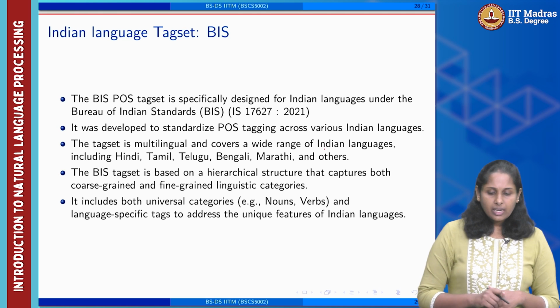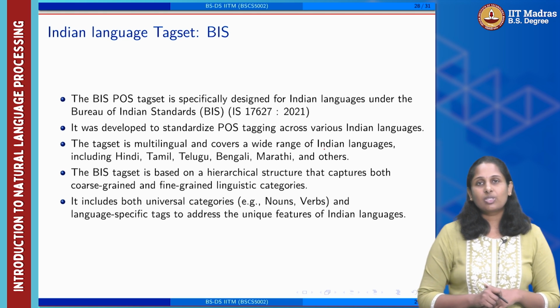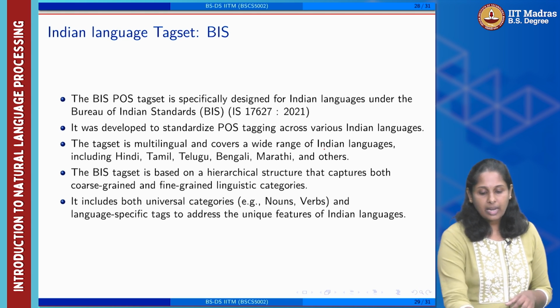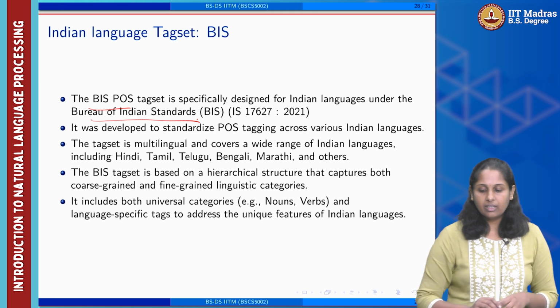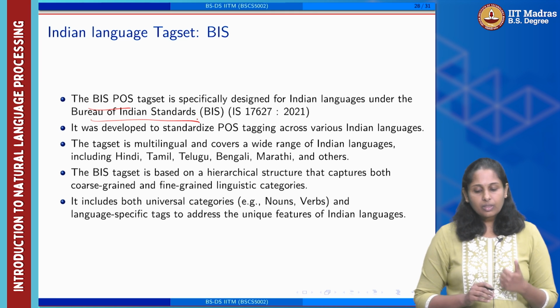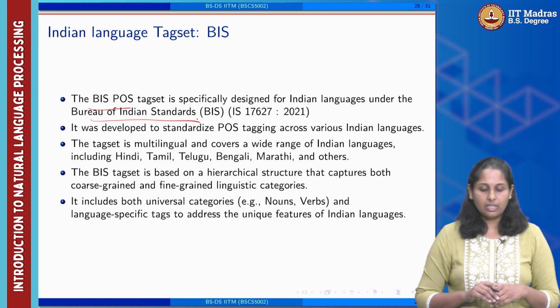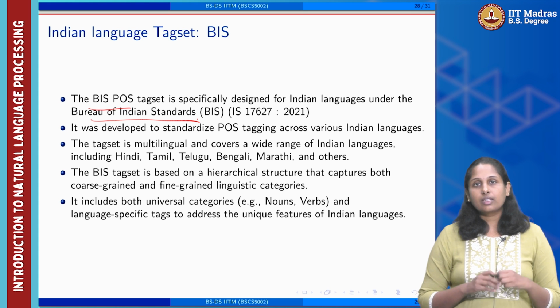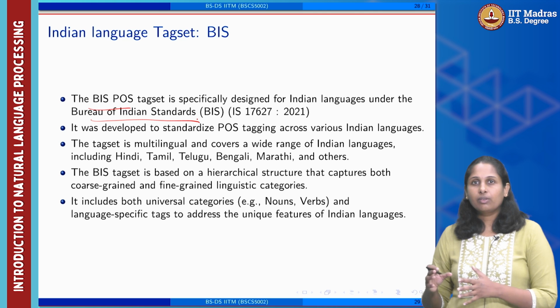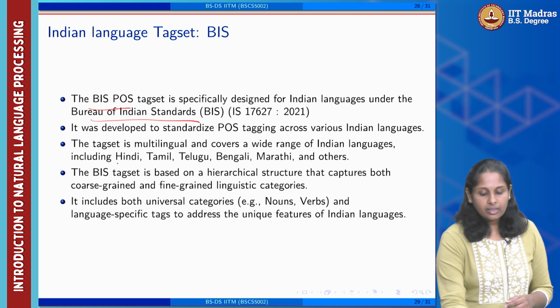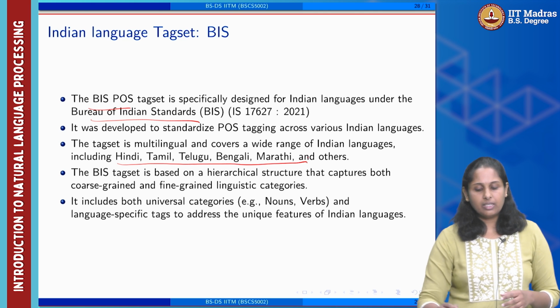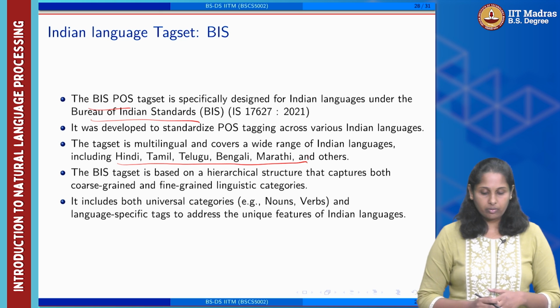And let us come to the Indian language tag set. The Indian language tag set is the BIS tag set, Bureau of Indian Standards. It was developed to standardize POS tagging across various Indian languages. So this tag set provides guidelines for languages like Hindi, Tamil, Telugu, Bengali, Marathi and many more languages.